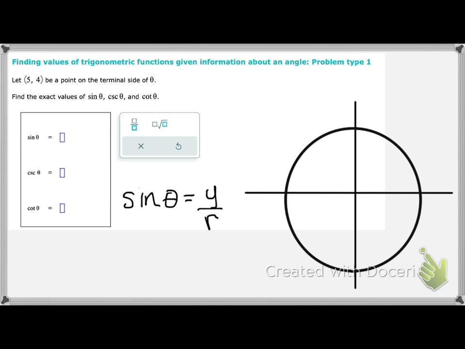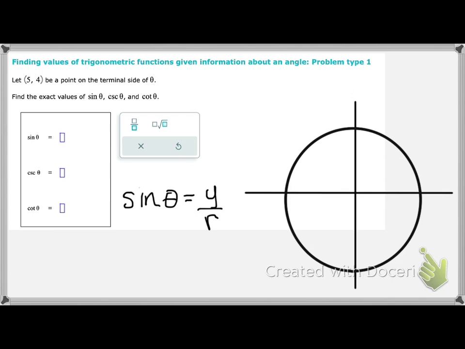Initially we're working on the unit circle, and r always drops out because r is 1. You may have asked yourself, why do we even have r? Why don't we just say sine theta is equal to y? That's because we can have a trig circle that does not have a radius of 1, and this problem presents just such a case.